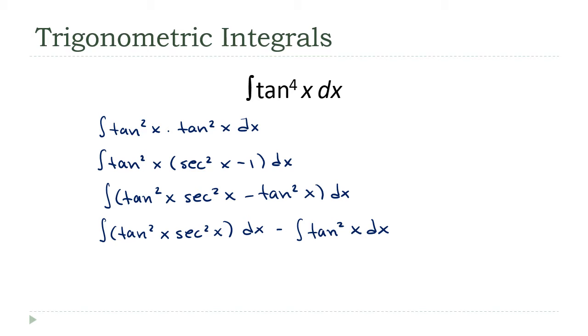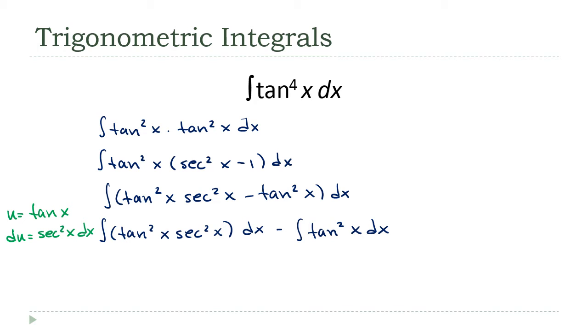Okay, now our paths really are going to start to diverge here. With this first part, I'm going to do a u substitution. I'm going to let u equal the tangent of x. So du is secant squared x dx.